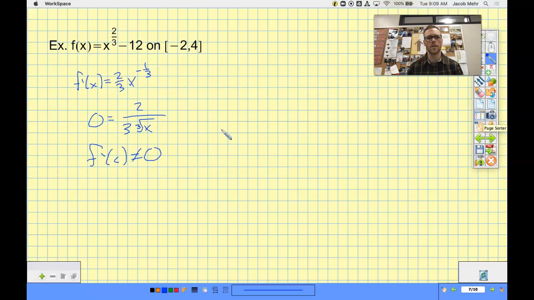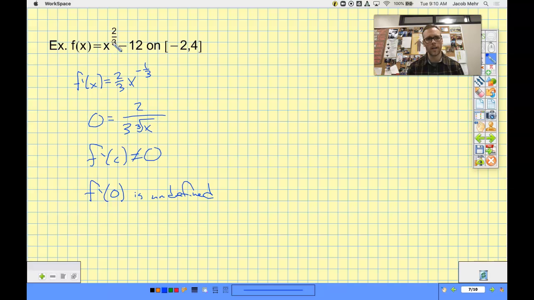And for it to not be differentiable, we have to ask, are there any values of x such that c is defined, that we can put it into the function, but we can't put it into the derivative. And when I look at the derivative, I notice f prime of 0 is undefined.